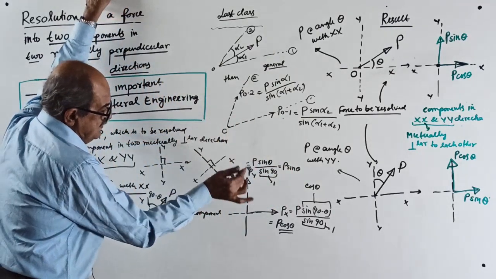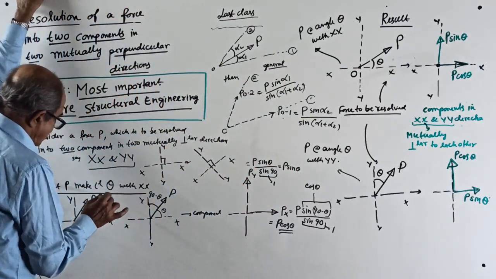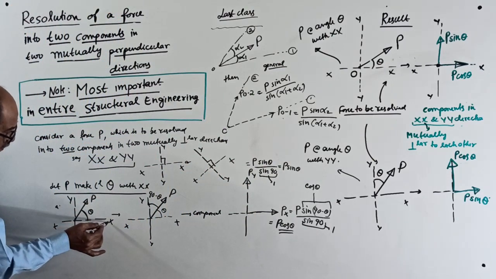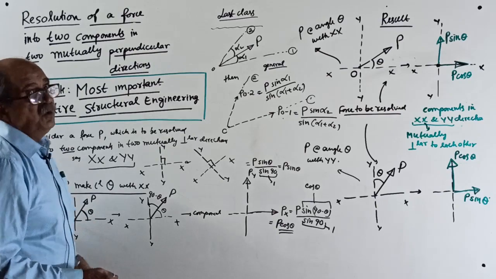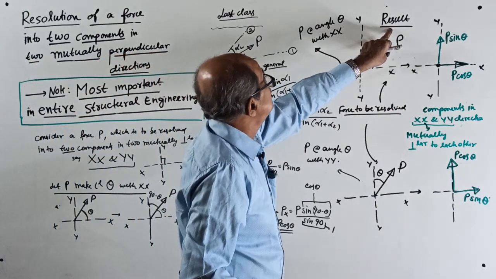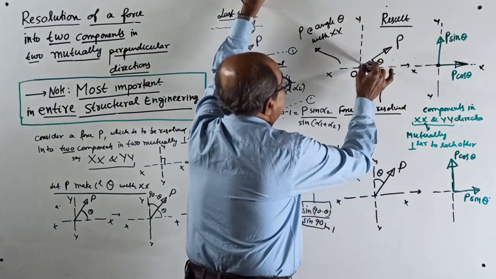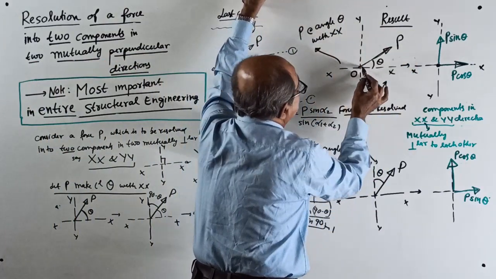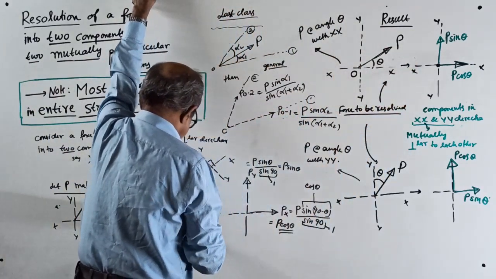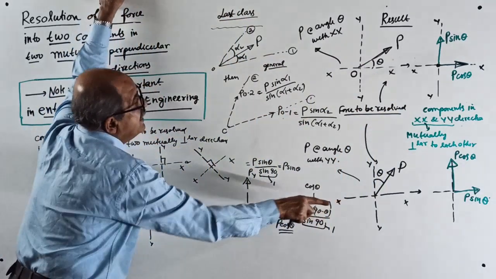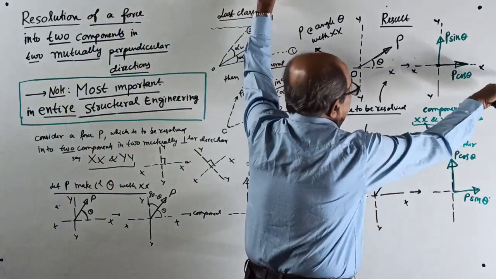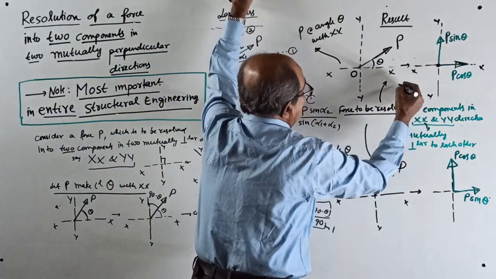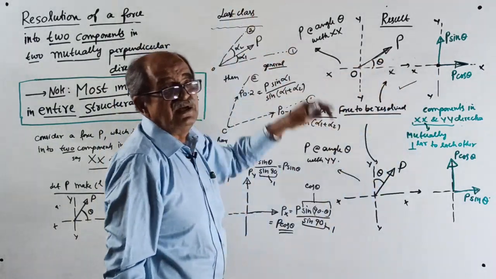Remember, this is the result when we consider force P making angle theta with the xx. Therefore, see the result here. The force to be resolved makes an angle theta with the xx. Then the x component is P cos theta, and the y component is P sin theta. Correctly verified. Result I wrote.